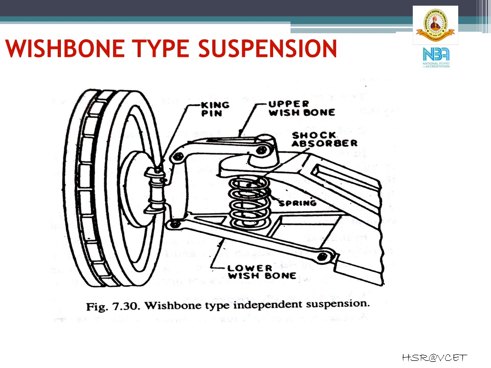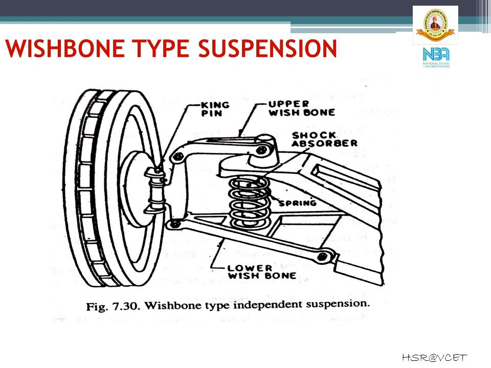The first one being wishbone type of suspension. The figure on the slide shows you the diagrammatic sketch of wishbone type suspension with coil springs. The use of coil springs in the front axle suspension of cars is now almost universal. It consists of the upper and lower wishbone arms pivoted to the frame member.